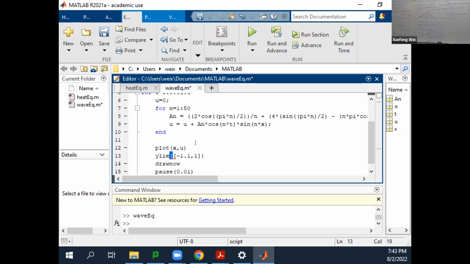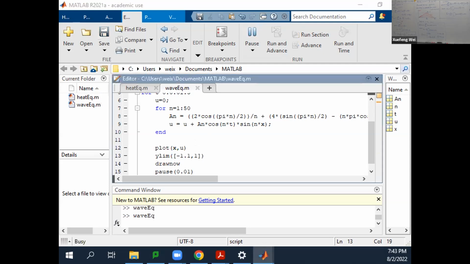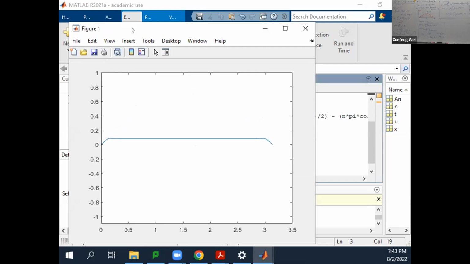So this fixes the range, so it's not keep moving. Let's do the plot. You see it? Does the vibration make sense? Yes, it kind of makes sense, right?